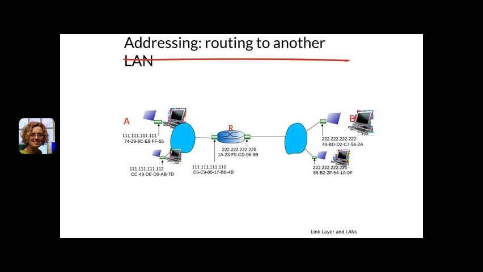Okay, again, ARP is going to happen, so think about all the steps that I mentioned in the previous slide, and then some routing is going to happen through the router. And in between, again, MAC addresses need to be learned. The router needs to learn the MAC address of B, and also if B wants to reply to A, the router has to learn the MAC address of A.